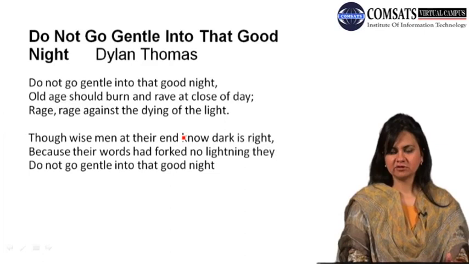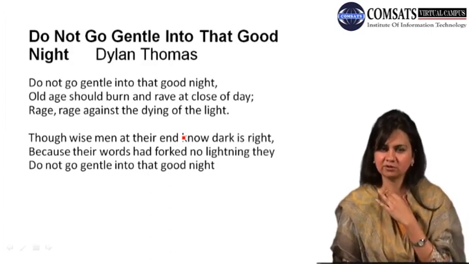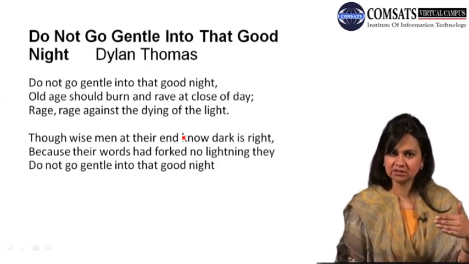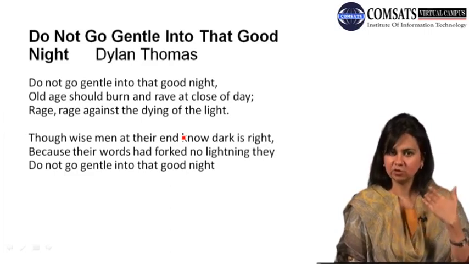For example, in the first stanza there is a contrast or antithesis between the word night and the word day, and then the word night and the word light. So observe that the word gentle is antithetical to the word rage. So within the first stanza you can also identify the use of antithesis. For example, gentle contrasts with the word rage, then the word night contrasts with the word day, and then the word night also contrasts with the word light.